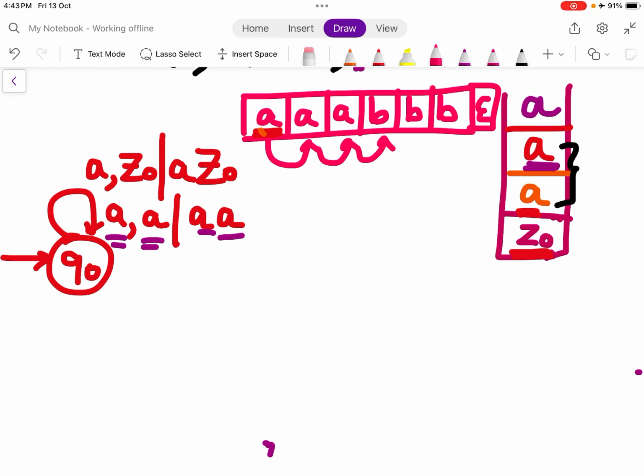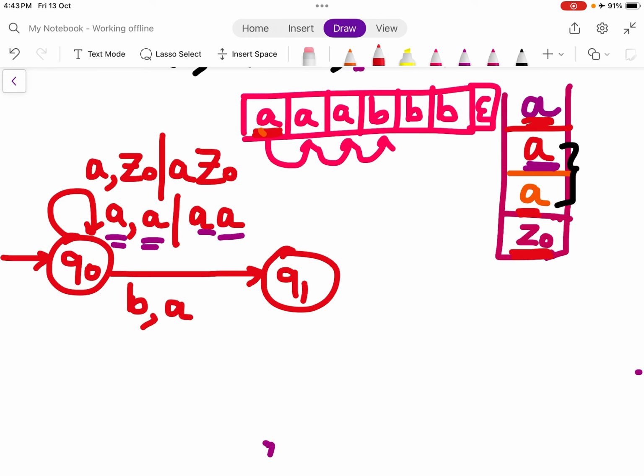Now you find a B. Now we know that for every B you have to pop one A. So for every B you find, pop the A. So we will go to the next transition, that is Q1. Now I am seeing a B on the string, and on top of the stack I have an A. What will I do? I will simply pop. When you're popping, it means there is nothing pushed on top of the stack, so it is an epsilon.